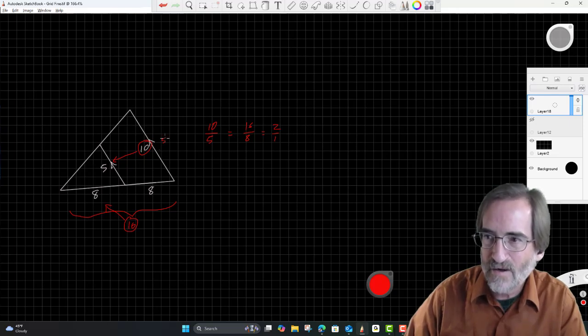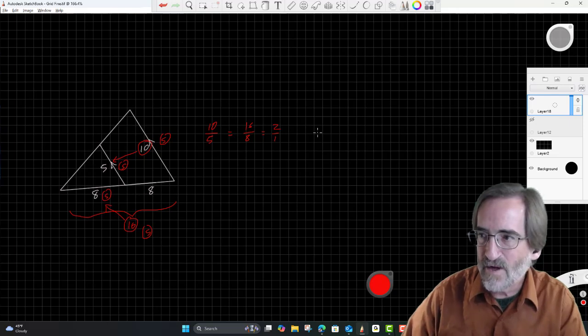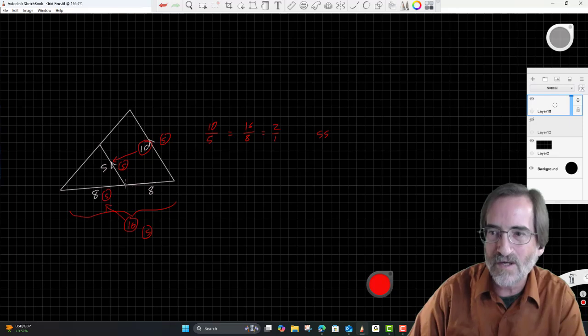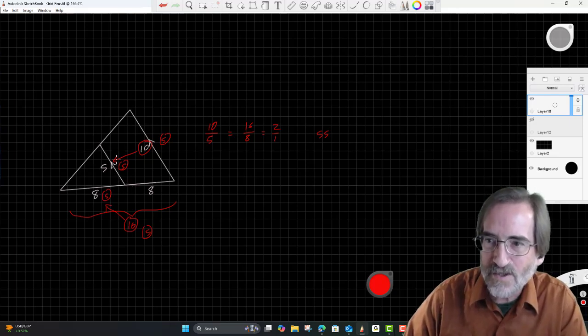So there's our side and our side. Side proportional to a side, side proportional to a side. So we've got side, side, but there's no side-side theorem for similarity. We need something else. Since these two lines are parallel, by alternate interior angles or by corresponding angles, these two angles are congruent.